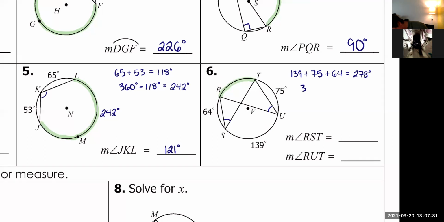So if you then take the 360 of the whole circle, take out the 278, 82. 82 degrees. Okay, so this arc right here is 82 degrees, which means its inscribed angles that are intercepting it should be half that amount, which is 41. And because they are both intercepting that same arc, they are exactly the same.